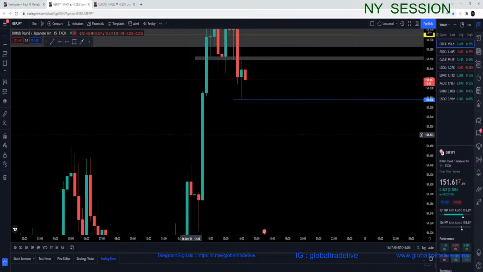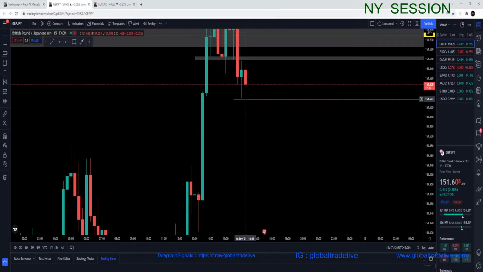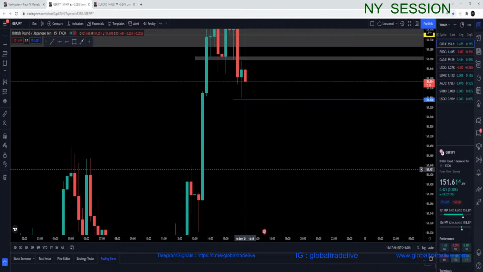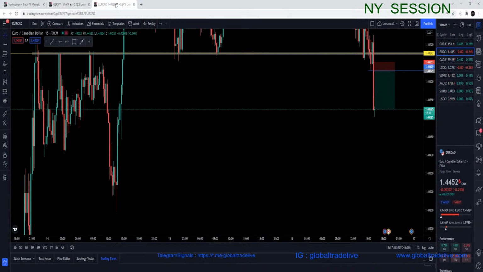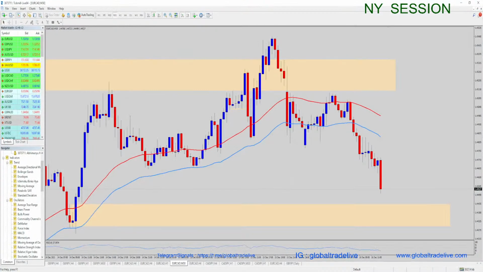The range is also pretty good, and I think now if it breaks the low, it can possibly move down to this level from here. I really think this 30-minute candle will be going all the way down to this level.